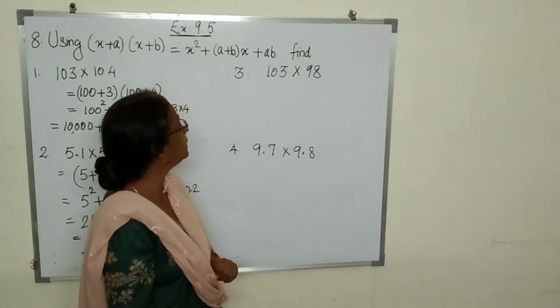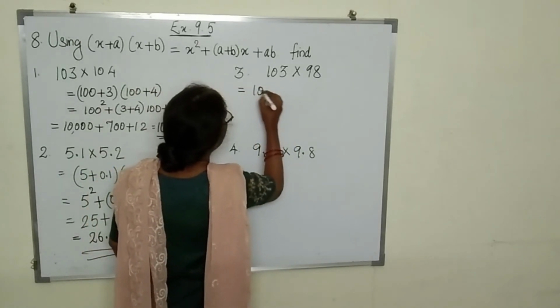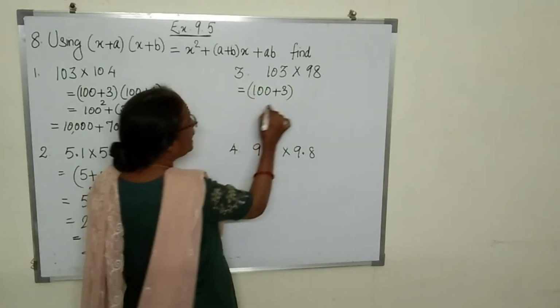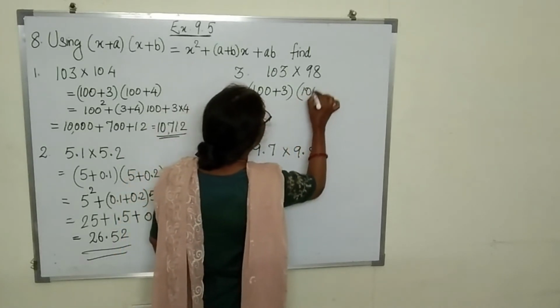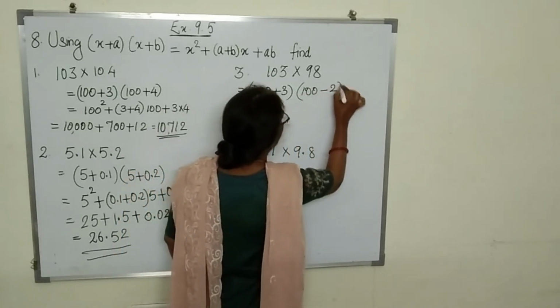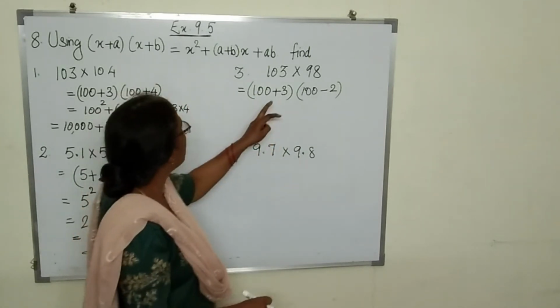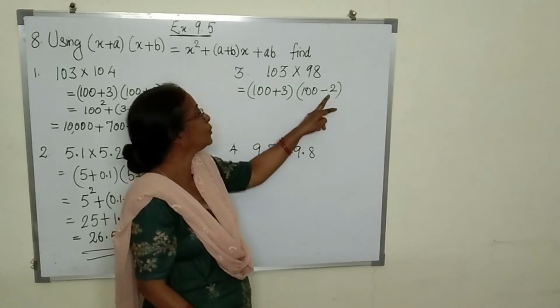So how will you write? 103 can be written as 100 plus 3. And 98, how will you write? 100 minus 2. So here x is 100, a is 3 and b is minus 2.